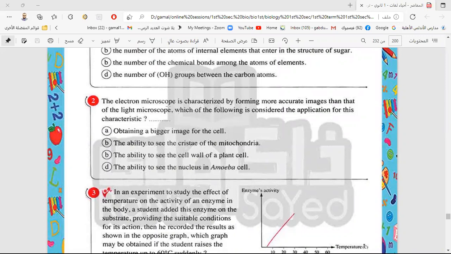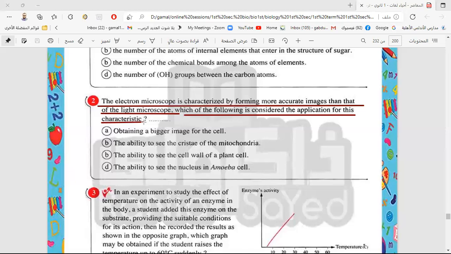The electron microscope is characterized by forming a more accurate image than that of the light microscope. Which of the following is an application of this characteristic? Accurate means better and closer, and it can magnify something that cannot be magnified by the light microscope.